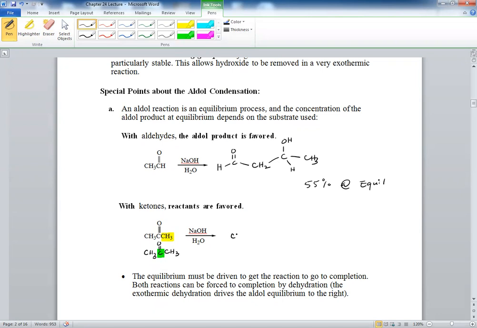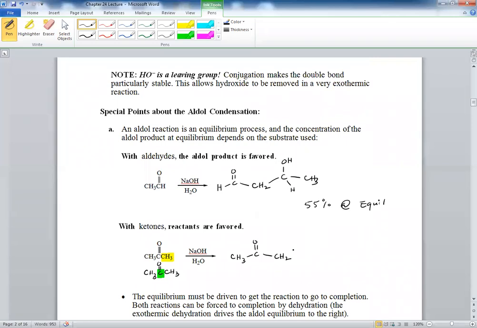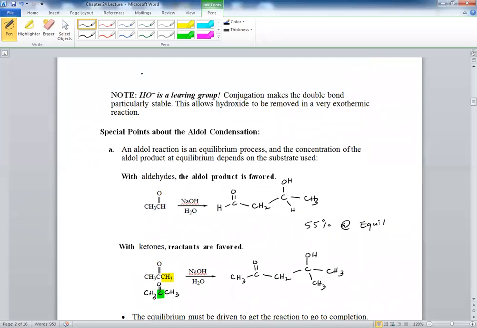So the product would be CH3. Okay, so notice the highlighting.